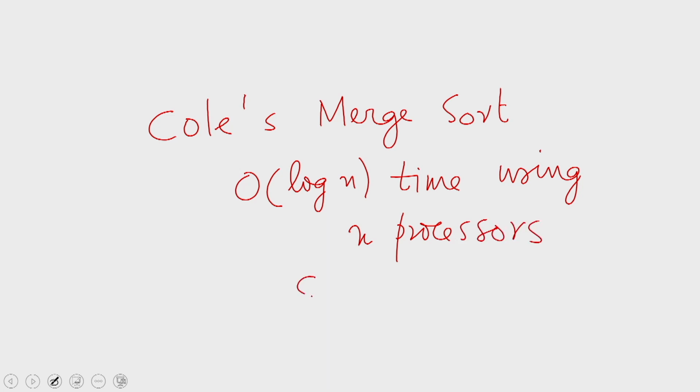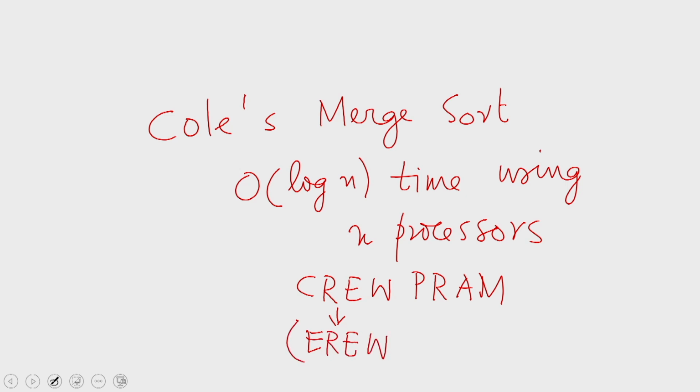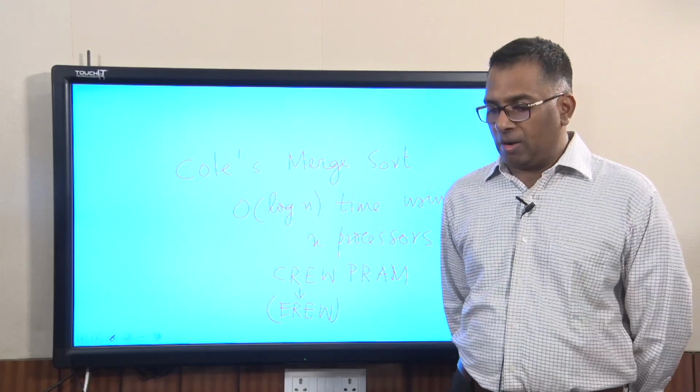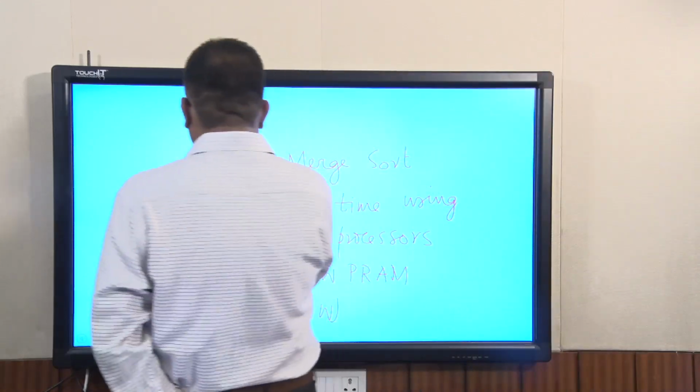We shall study the version of the algorithm that runs on a CR-EW PRAM. In fact, you can improve the model to ER-EW PRAM for the same time and processor complexity, but this version we will not study in this course, because the algorithm is slightly more complex when we come to the ER-EW PRAM. So, we will study the CR-EW PRAM version of Cole's merge sort.